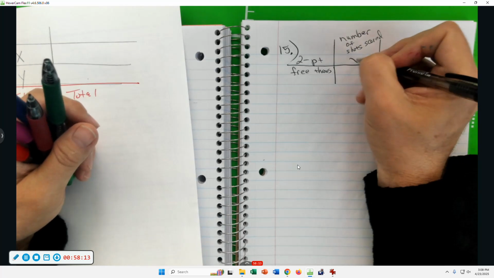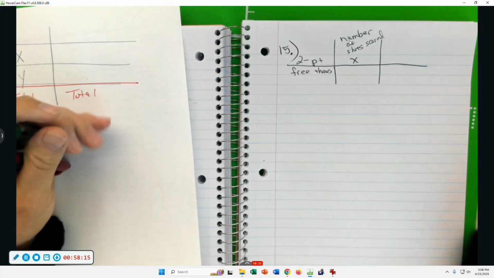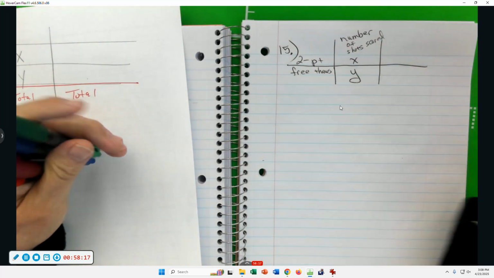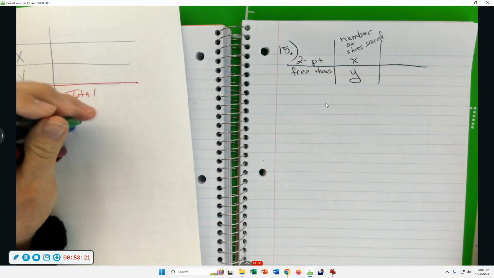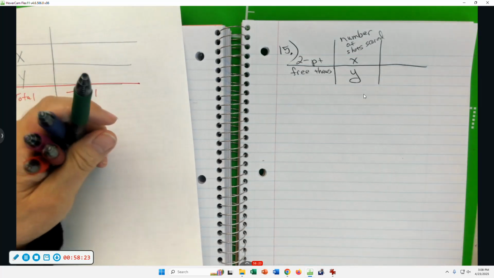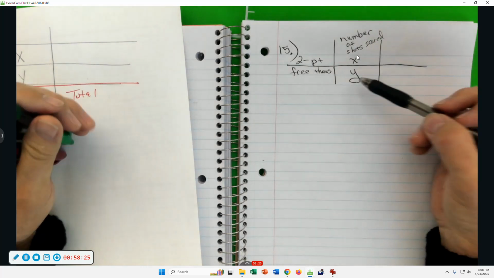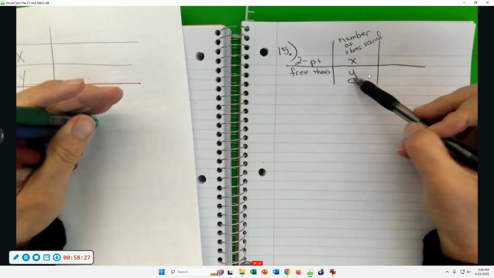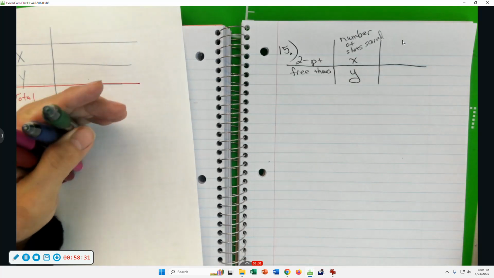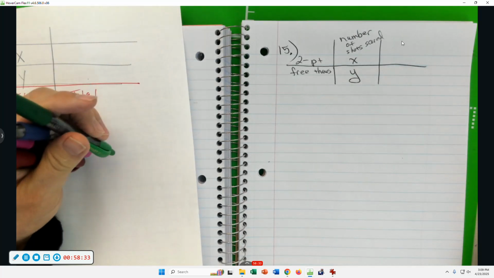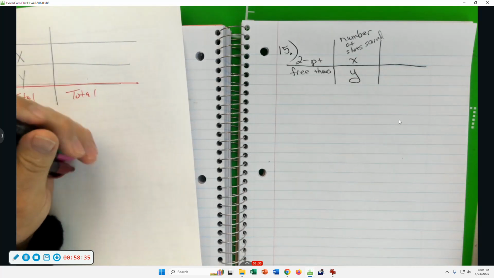She made X 2-point shots and Y free throws. And those are the columns for shots. Is this a dollar column? No, it is not a dollar column.